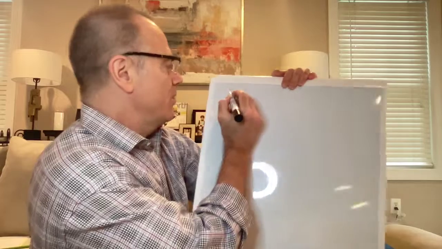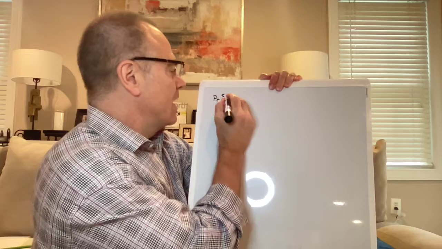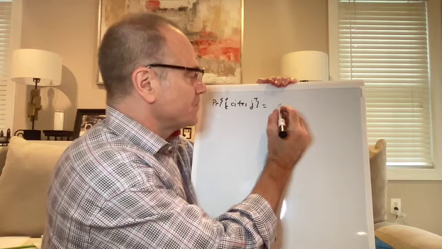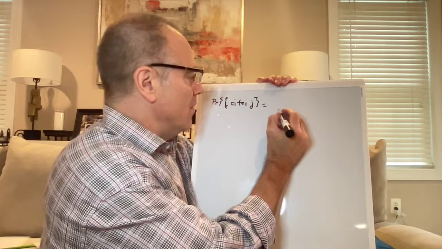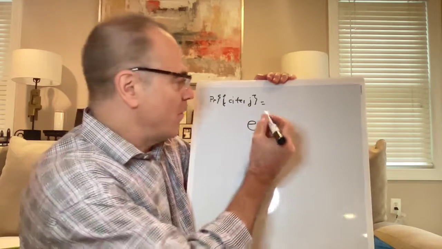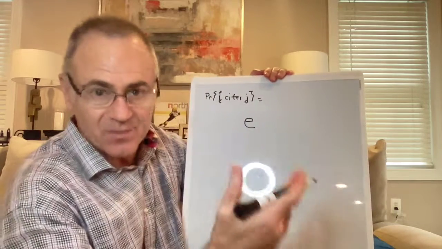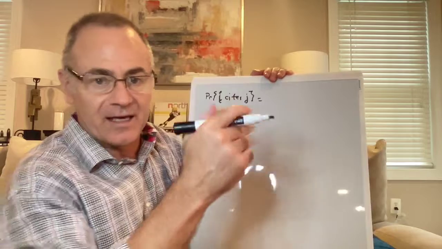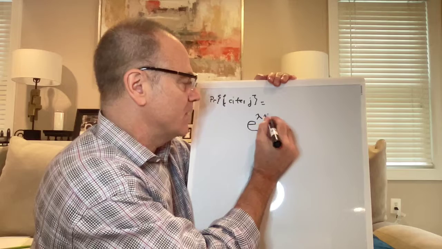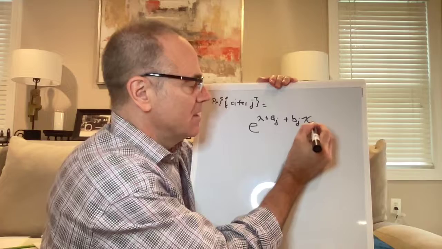So the probability that I cites J equals e to the, now before I had a sub j here, but now I'm just going to add lambda to all the a's. So where I had a sub j here, I'm now going to have lambda plus a sub j, plus b sub j times x i.